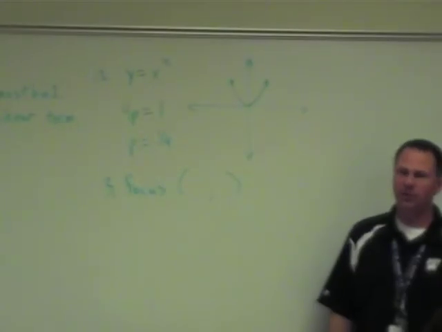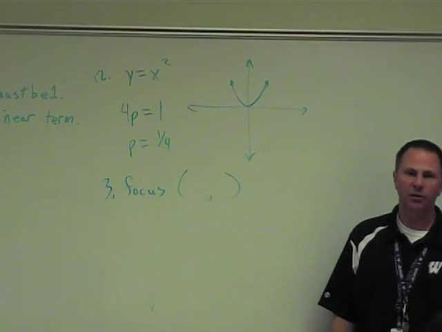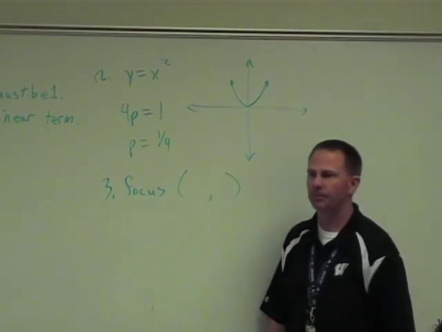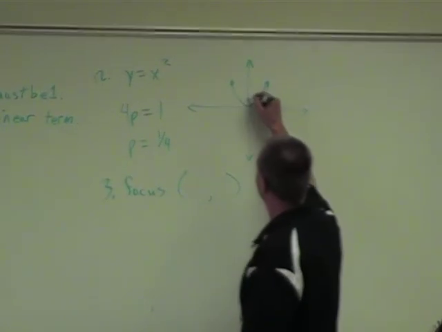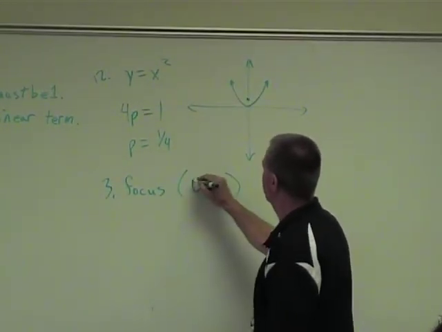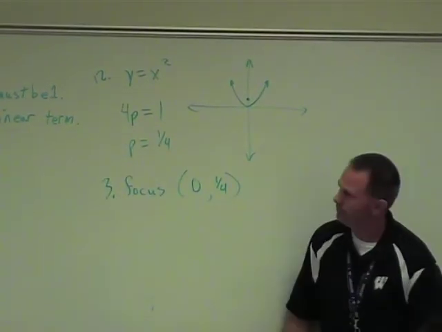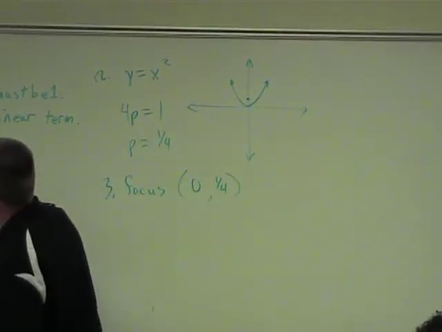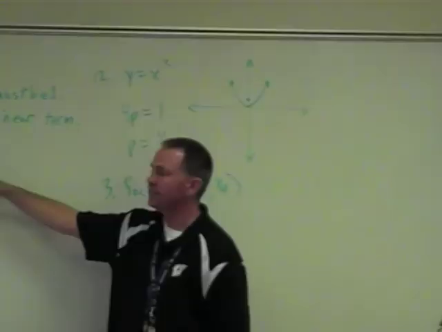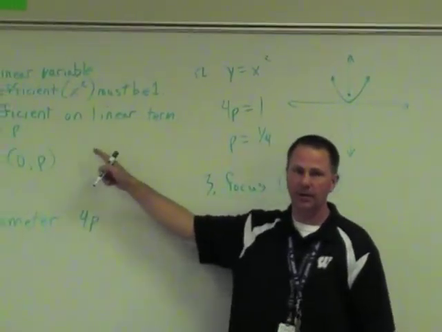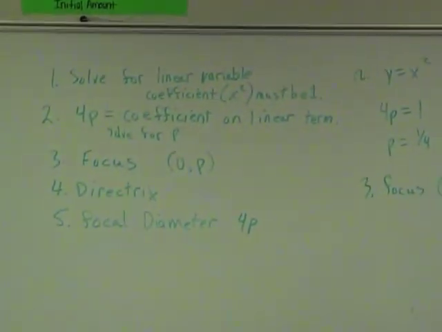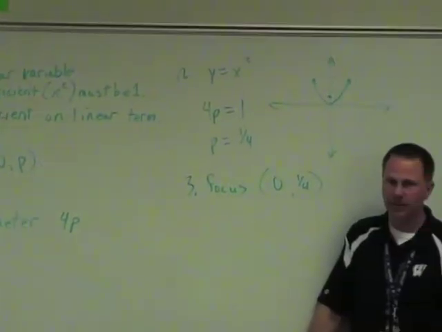So if the vertex is at 0, 0, what is the coordinate of the focal point? 0, p. So you put that in here. That's not always 0, p, okay? It all depends on where the vertex really is.